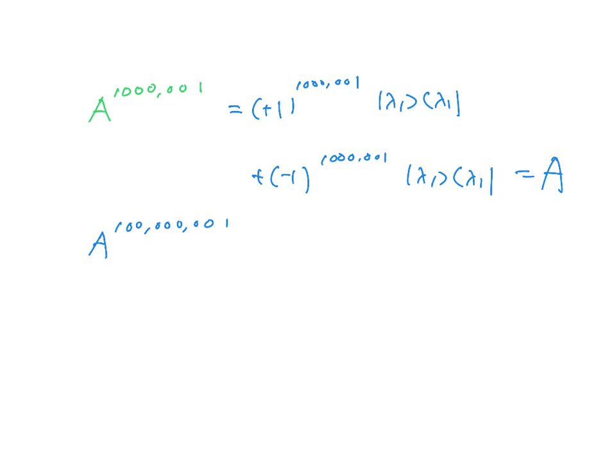So 100 million seconds is about 30,000 hours. If you divide by 24, it's about 1,000 days, 3 years. So if you multiply this matrix 100 million times, it will take 3 years, right? But since we know the spectral theorem, we know the answer already. It is simply A.